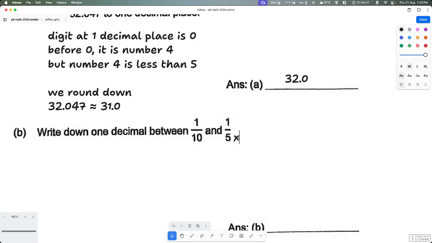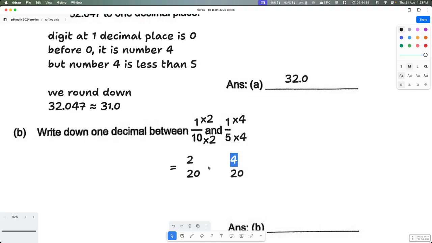So times 2 over here, and times 4 over here. Then this becomes 2 out of 20 and 4 out of 20.